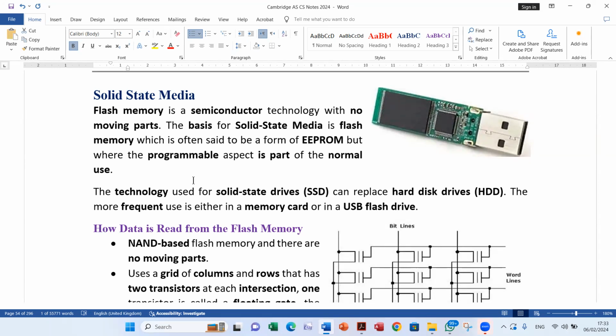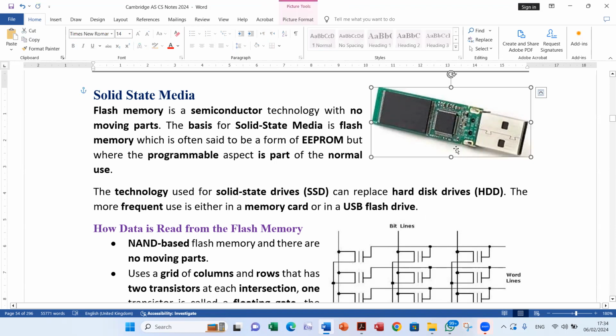The technology used for solid state drives, SSD, can replace the hard disk drive, HDD. The more frequent use is for memory cards and USB flash drives. So very soon SSD will replace the hard disk. However, it is now popularly used as a memory card or a flash drive.